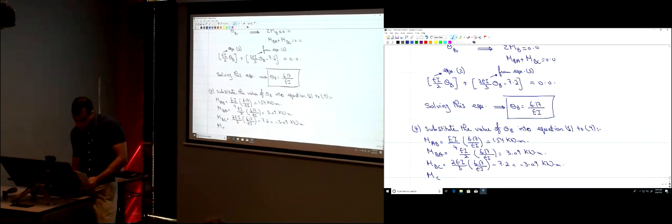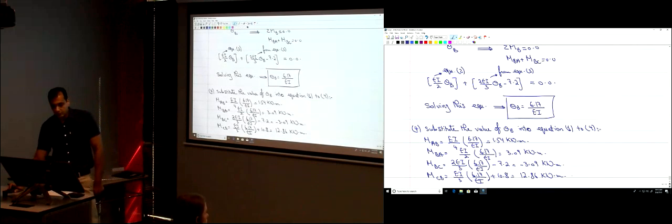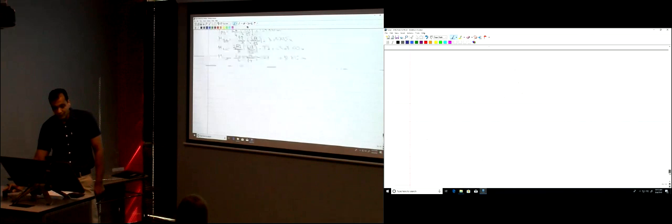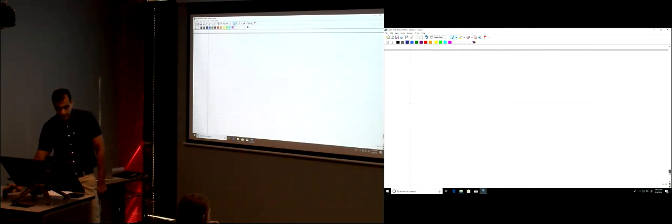And then MCB, it was EI divided by 3 theta b, which is known now, plus 10.8. So that's 12.86 kilonewton meters. So those are the values, the magnitude of the moments at the end of each member. Now I know how much is the magnitude.